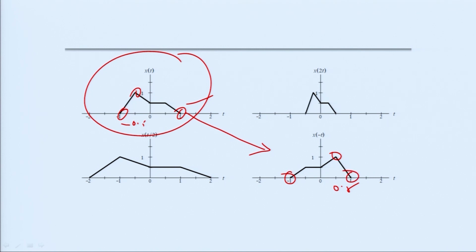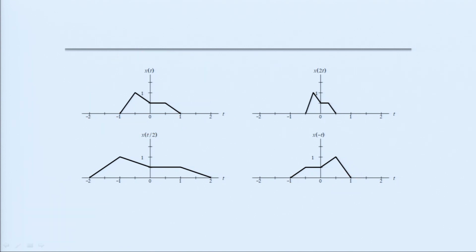So, time reversal means just reversing the image on the y axis, or making the axis a mirror and drawing the mirror image. That is another way of drawing the reversed signal. Now, this was the time reversal.